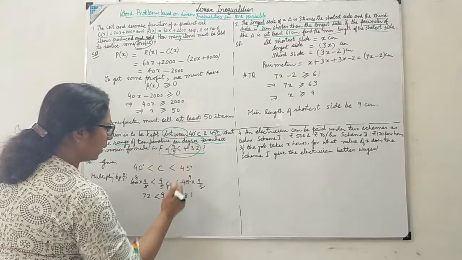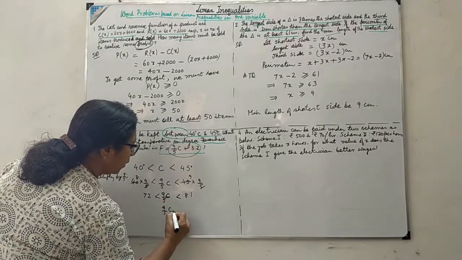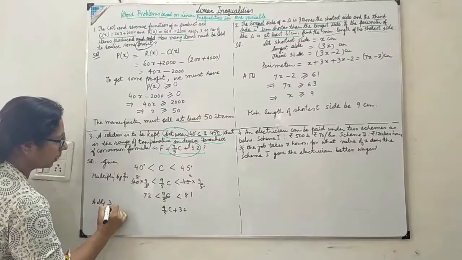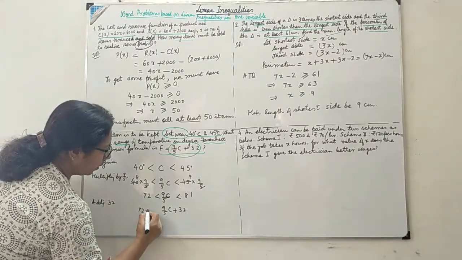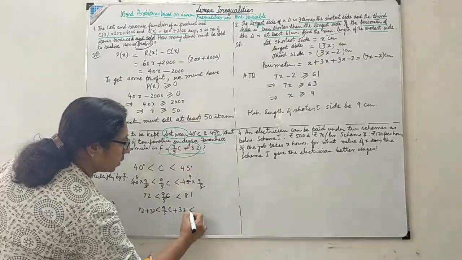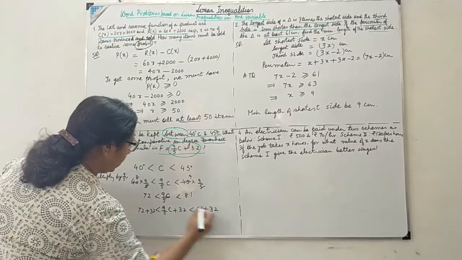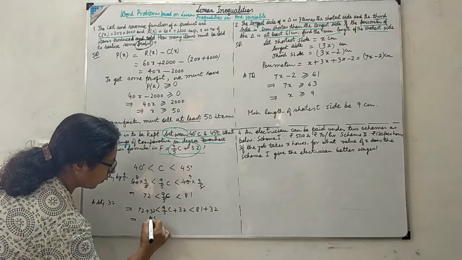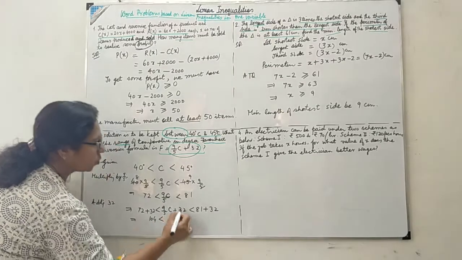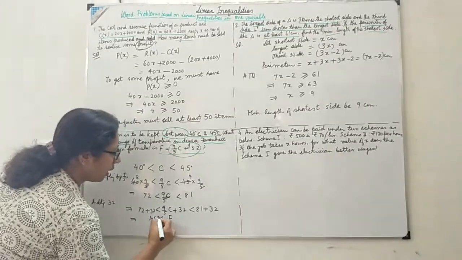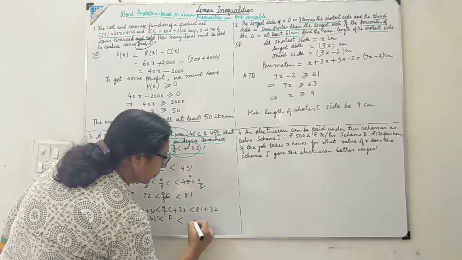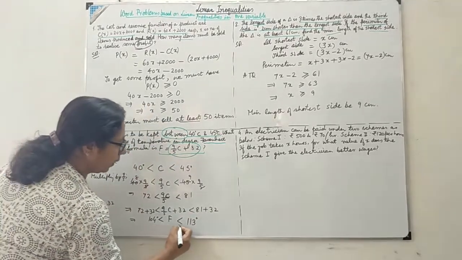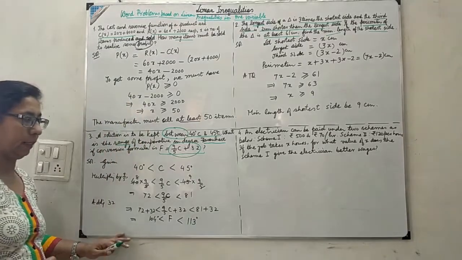Further you will see that we need plus 32, so adding 32 to all. Adding 32, again a positive number, it simplifies to this is your F. So F is given as 104 degrees to 130 degrees.